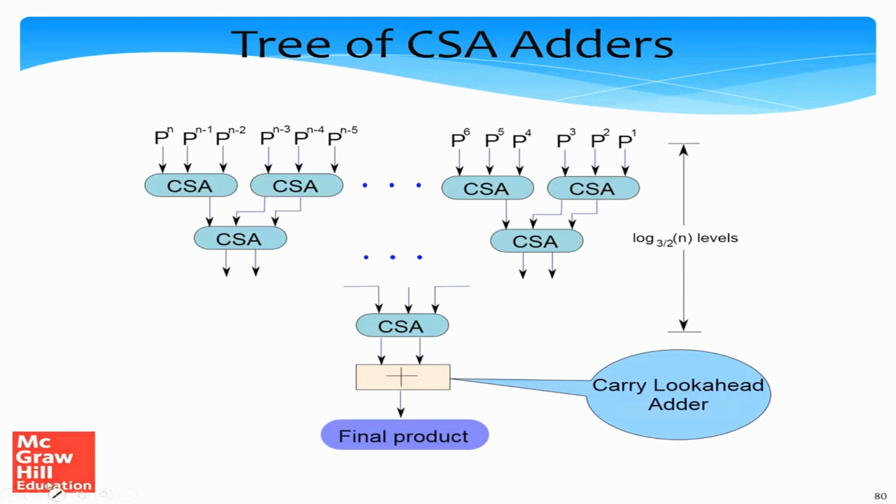Had we not had the carry save adder, it would have been difficult, but because we have this carry save adder, which is a very fast unit, which can take in three inputs and produce two outputs, where the sum of the two outputs is the same as the sum of three inputs, we can quickly reduce a sum of n numbers to a sum of only two numbers within log n time. And then we add the two numbers, we get the final product, which is the result of the multiplication. So we have achieved our goal of having a log n time multiplier.